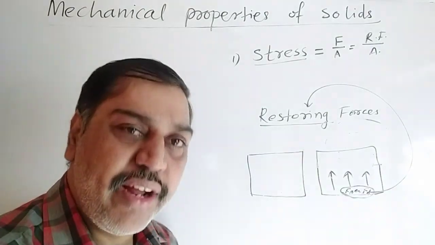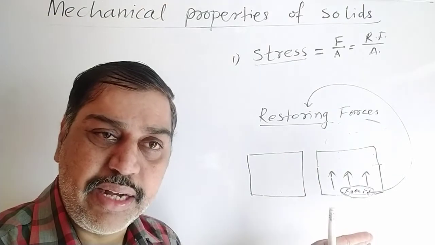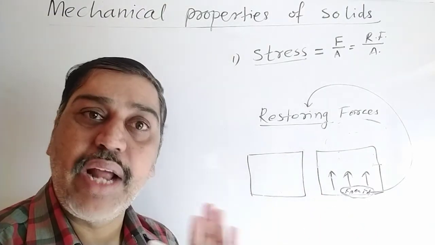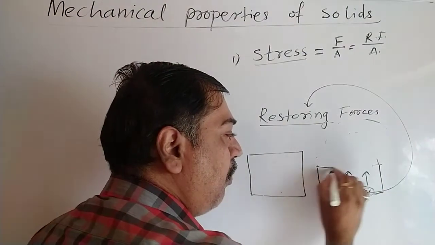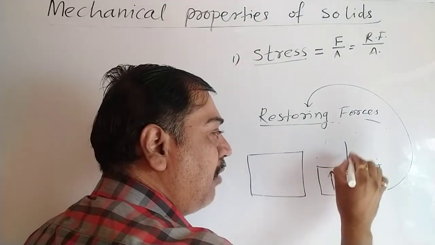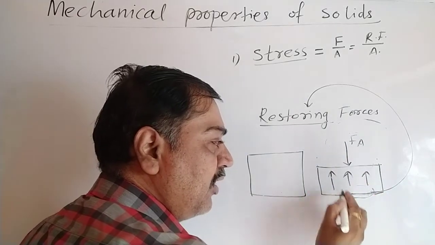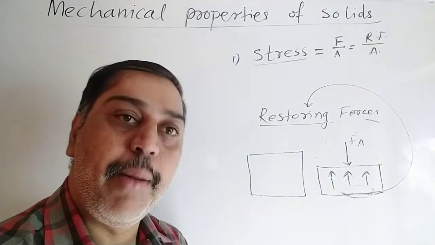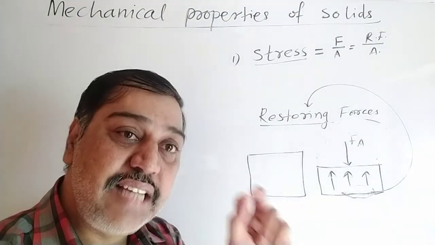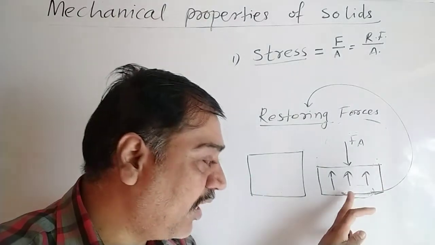It's quite difficult to measure the internal forces. We can't go inside the material to measure them. Then how can we measure them? The best method is this: whatever applied or deforming force we have applied on the sponge, exactly the same force in the opposite direction is created.